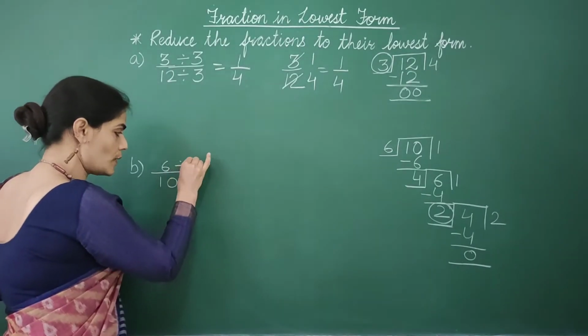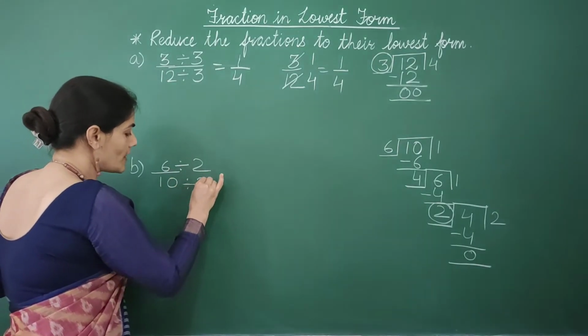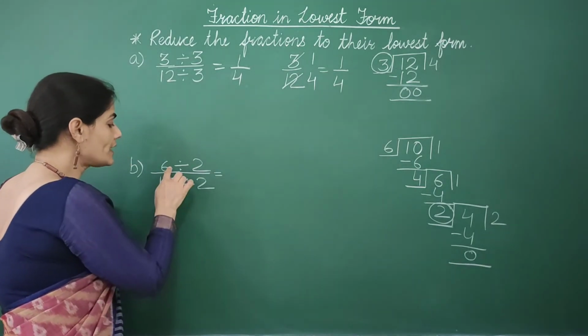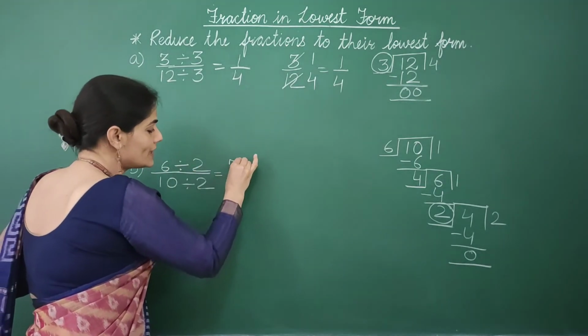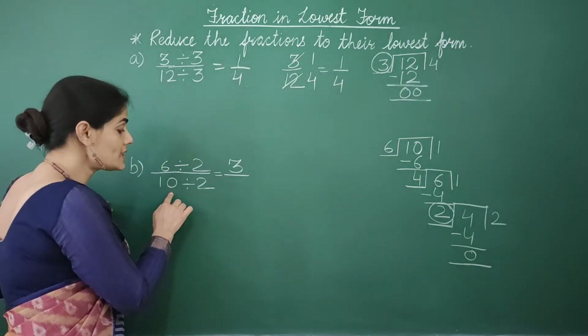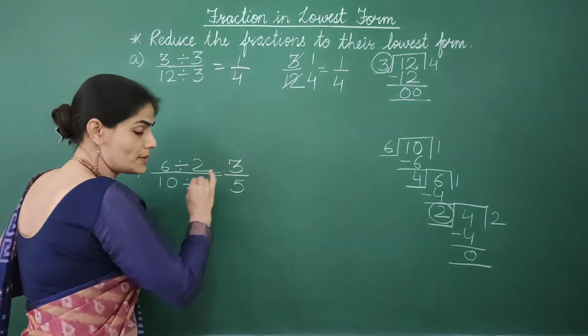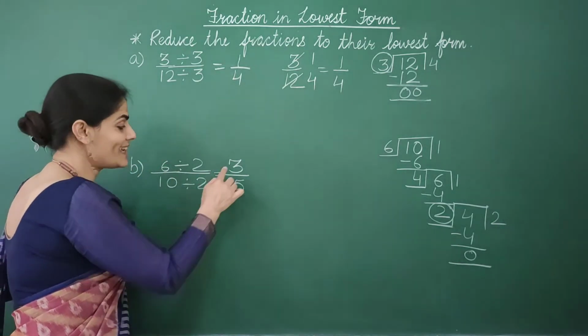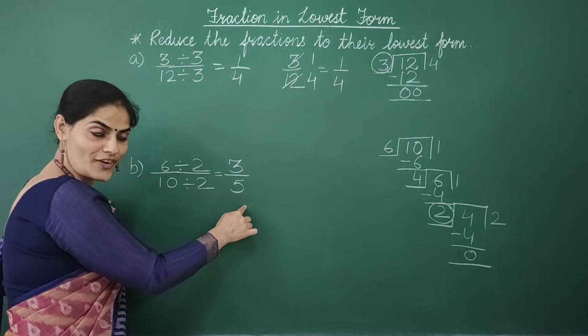Let's write it this way first of all. 6 divided by 2 and 10 divided by 2. When we divide 6 by 2, we'll get the answer as 3. And when we are going to divide 10 by 2, the answer will be 5. So the lowest form of 6 by 10 is 3 by 5.